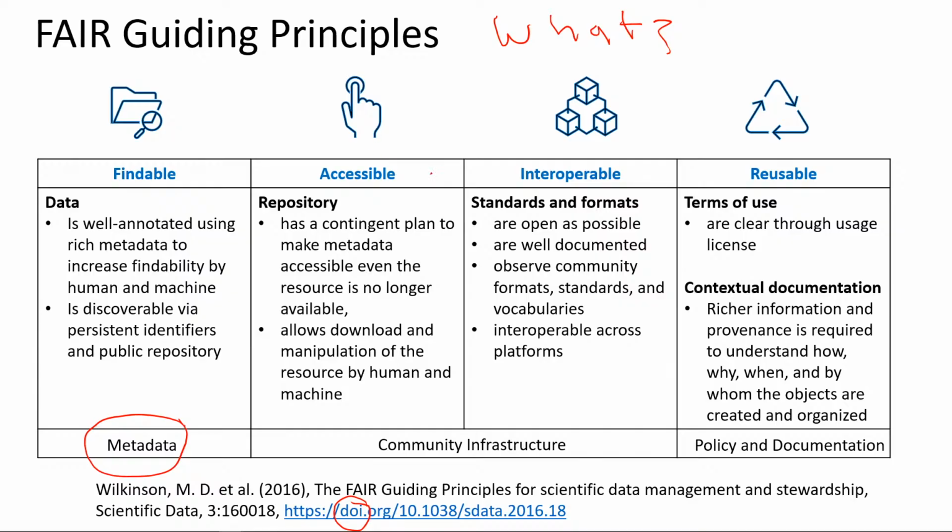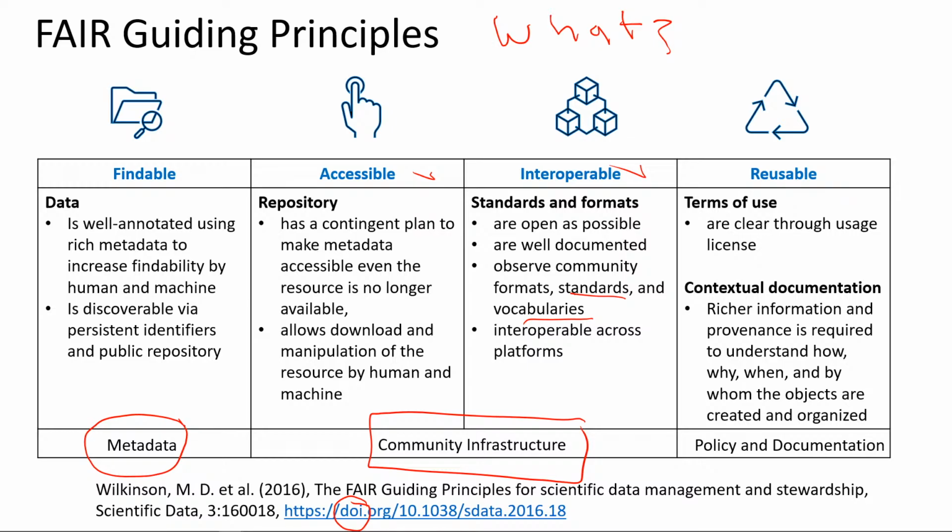To make your data accessible and interoperable, you need community infrastructure, and that is there, like GitHub, for example, and community standards and vocabulary. I will show you some examples now. And to be reusable, you need to have policy and documentation. You need to provide a license for your data so that the user will know how to use this data.